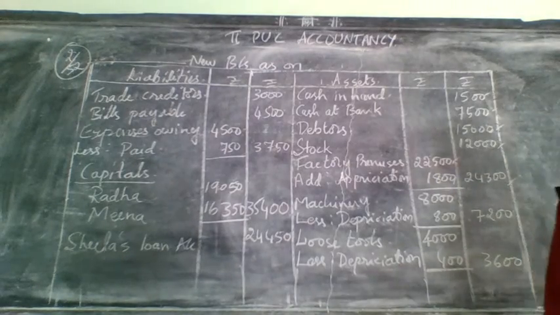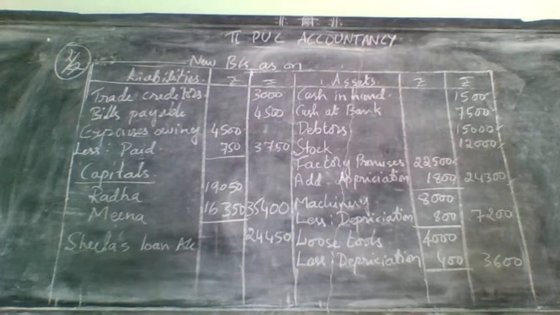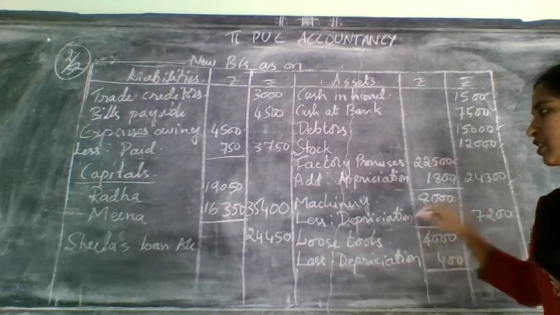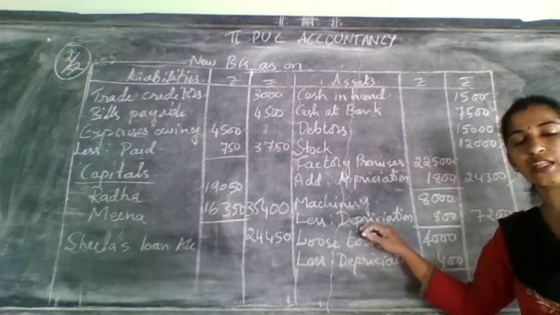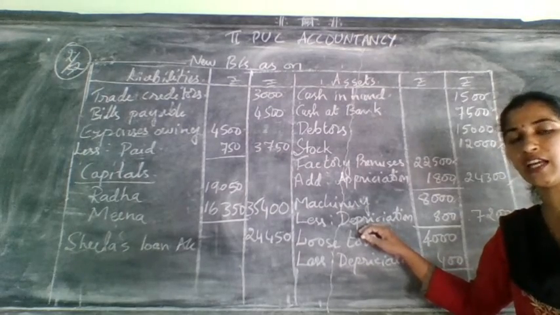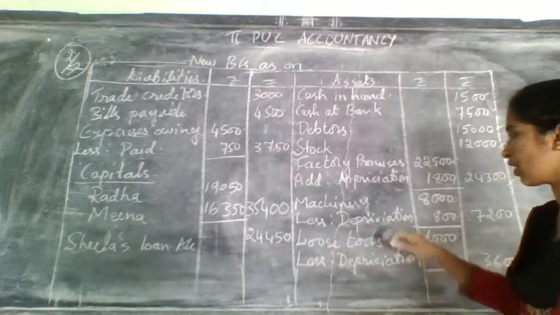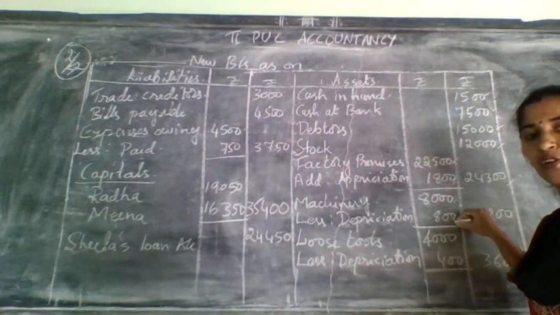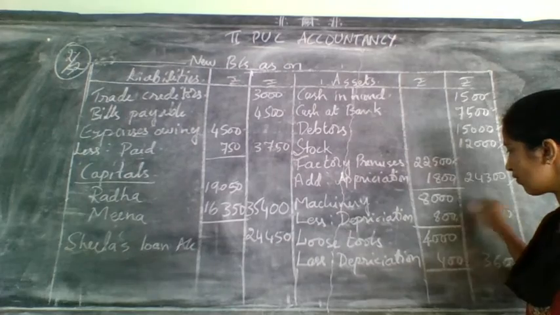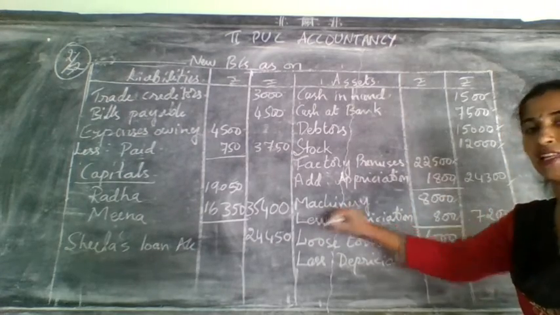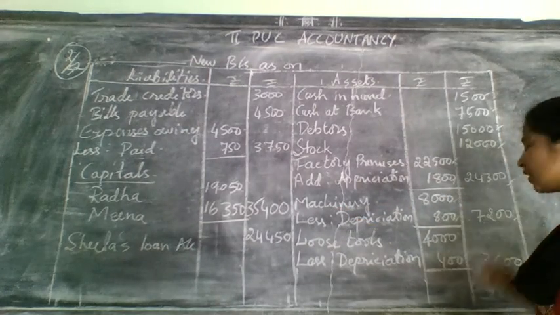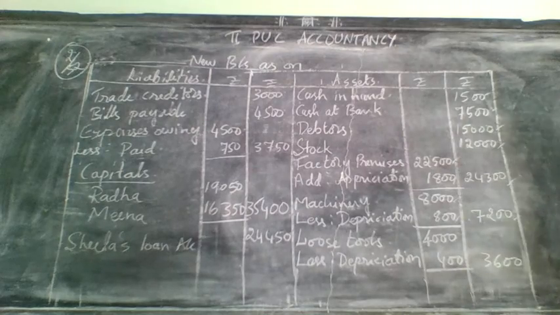Next asset, machinery 8,000 taken. For this one adjustment was there in the revaluation account, that is depreciation, you have considered on the debit side of revaluation account, so that is 800 you have taken there, that also you have taken here. This is less means minus, and we have taken it in the outer column, 7,200, over.